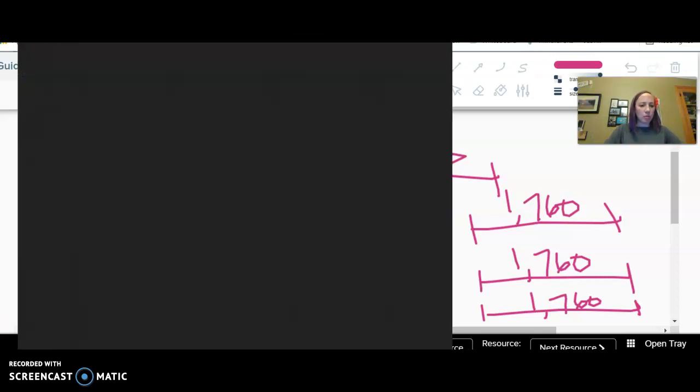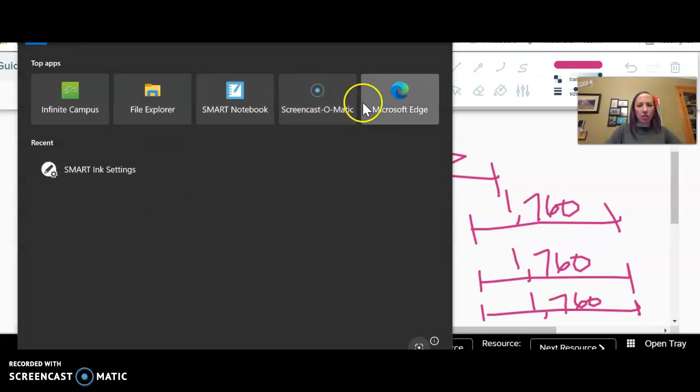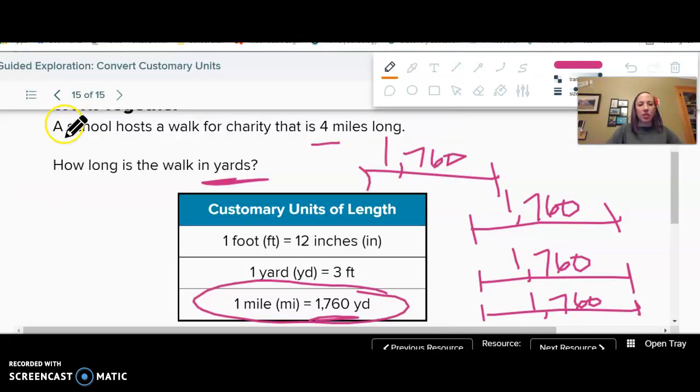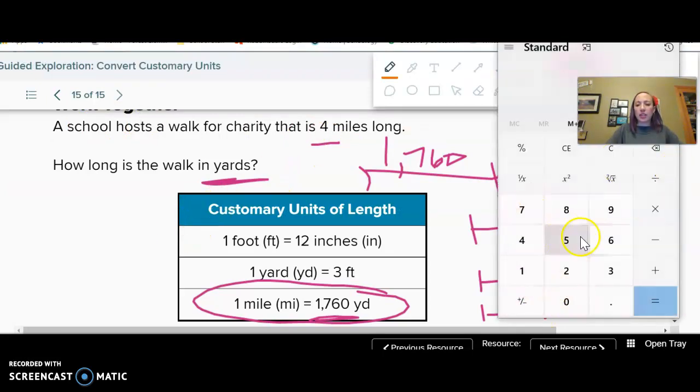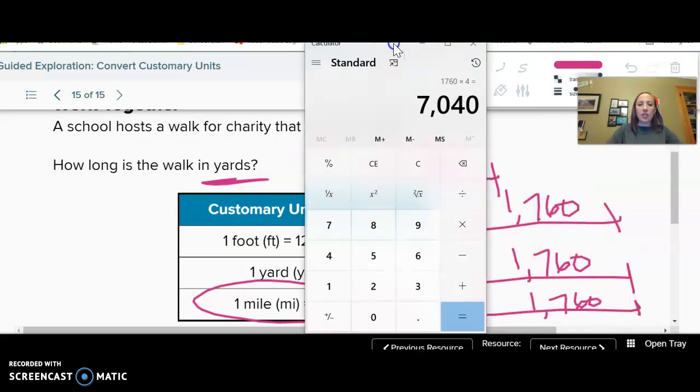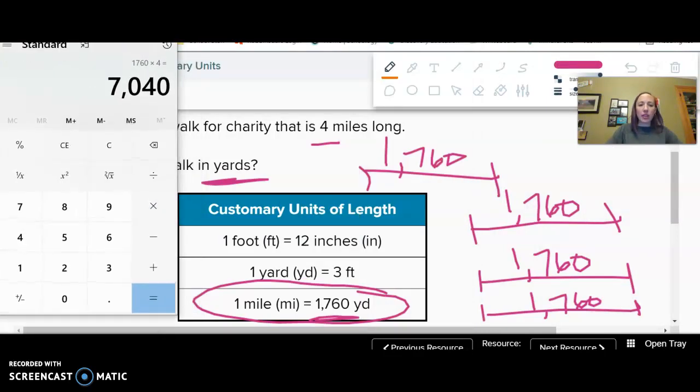Let me just pull up, I think I have a calculator. There we go. So instead, if I did 1,760 times 4, I got 7,040. Okay, that makes sense, right?